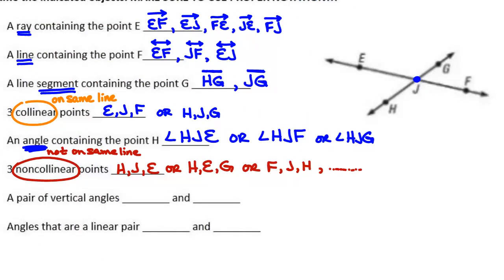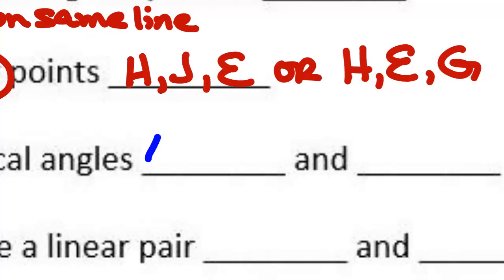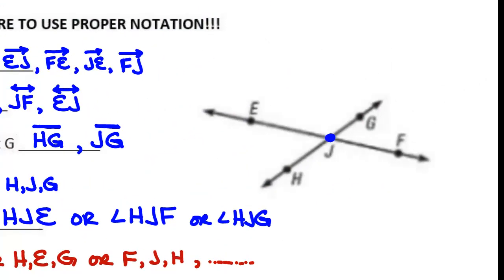Pair of vertical angles. You have to have your angle notation here. Again, if you just write down 3 letters, it is not considered to be correct. If I did angle EJG, this angle right up here, what would be the vertical angle pair for EJG?